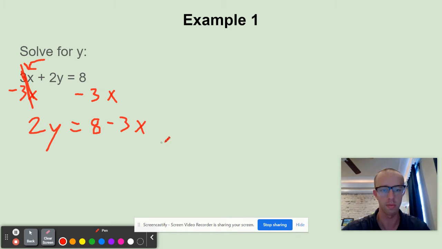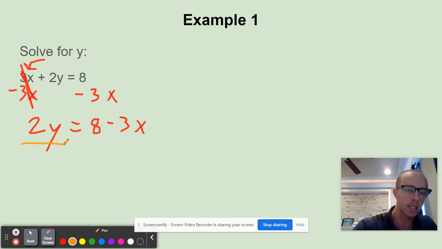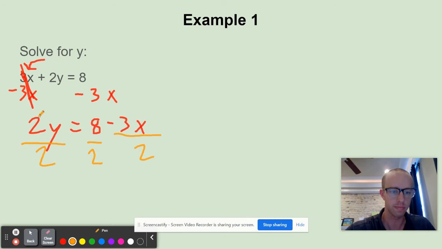Right? They're not like terms. Can't do anything. All right? So now I've gotten it to this. I still have y not by itself. I still have this 2 with it: 2 times y equals 8 minus 3x. Well, to get y by itself, to undo the multiplication, I divide by 2. Whatever I do to one side of the equation, I do to the other. And with division, I have to divide every single term.